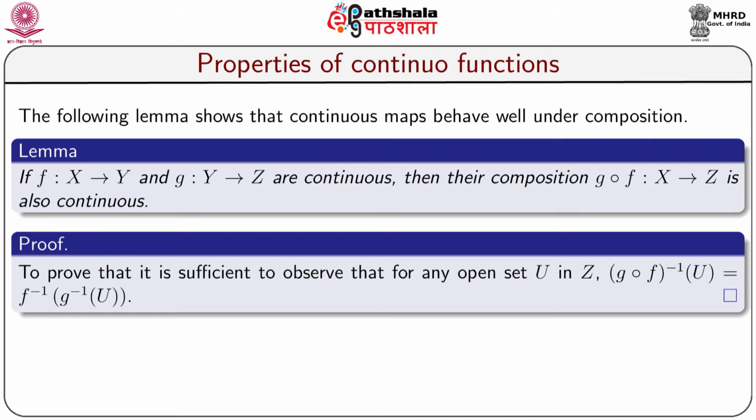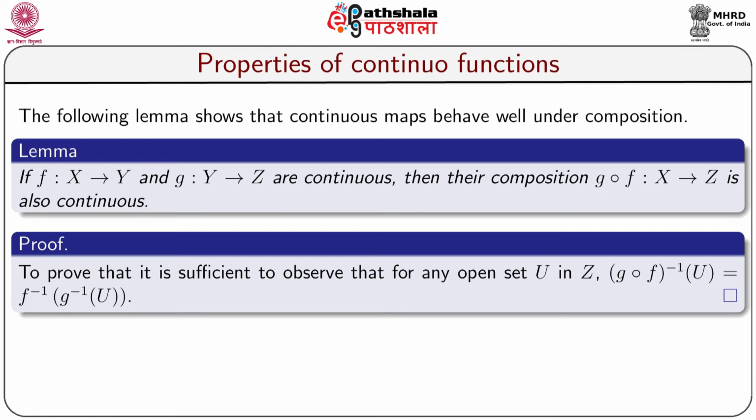In fact, we have to show that (g compose f) inverse U is open. But look that (g compose f) inverse U is equal to f inverse composed with g inverse of U. Now, since g is continuous, then g inverse U is open.